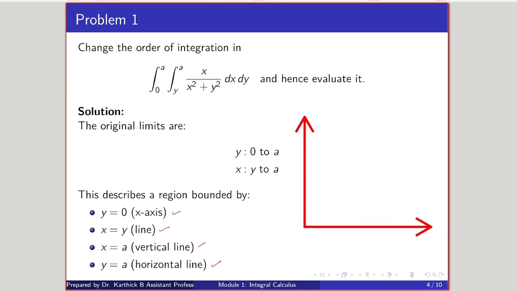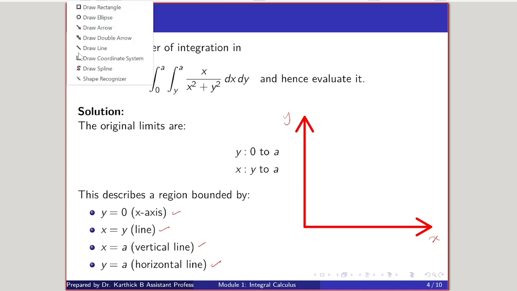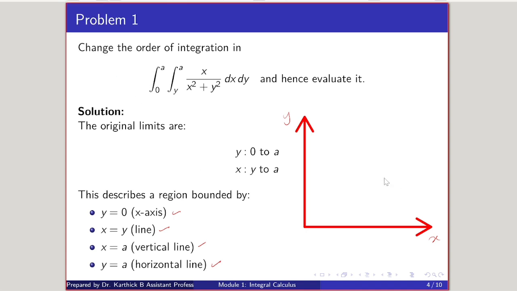So this will be the x-axis, here it will be the y-axis.